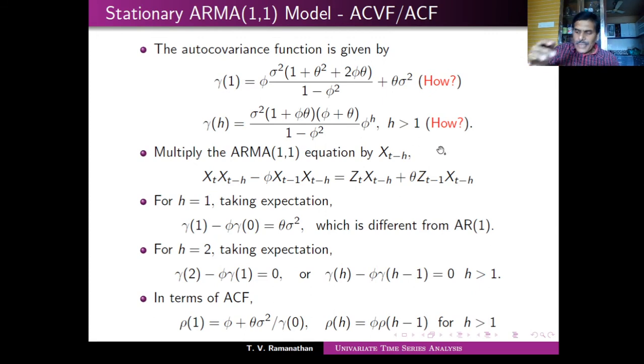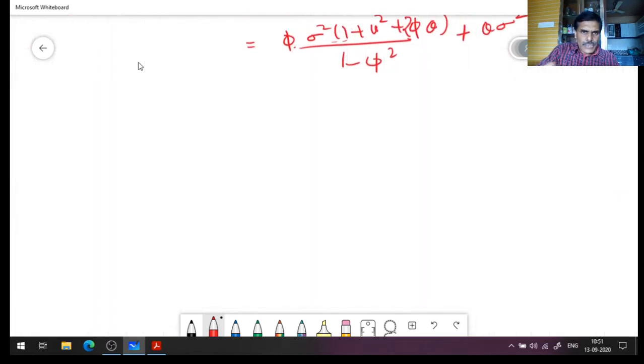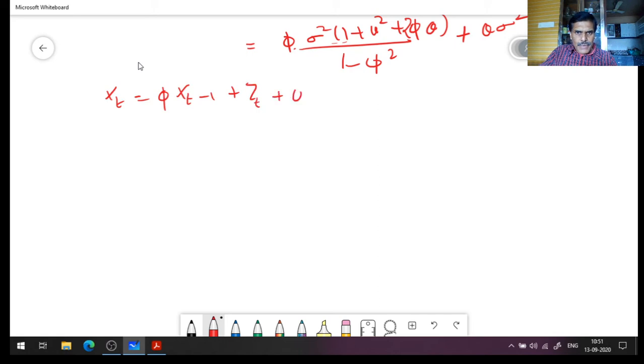So how is this obtained? This is obtained in a slightly different way. It is not obtained like what you have in the case of AR1, but essentially the idea is the same. I'll write this equation: xt equals phi xt minus 1 plus zt plus theta zt minus 1, multiply by xt minus h and take expectation.